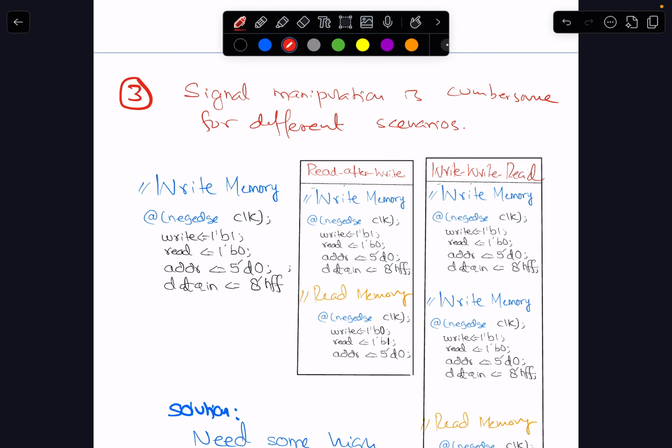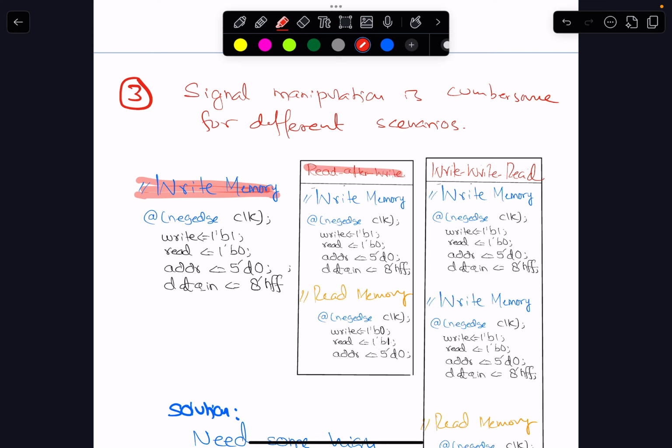First, you need to know how to write a stimulus generator, then you need to know how to write automated checkers. And then the third important problem that we see in these classical test bench scenarios is that signal manipulation is cumbersome for different scenarios. Let's say you are doing a write memory transaction, and you generate these signals at the negative clock edge: write equal to 1, read equal to 0, and address and data given.